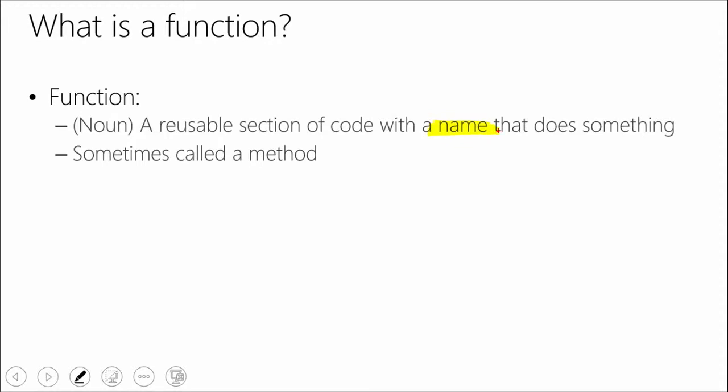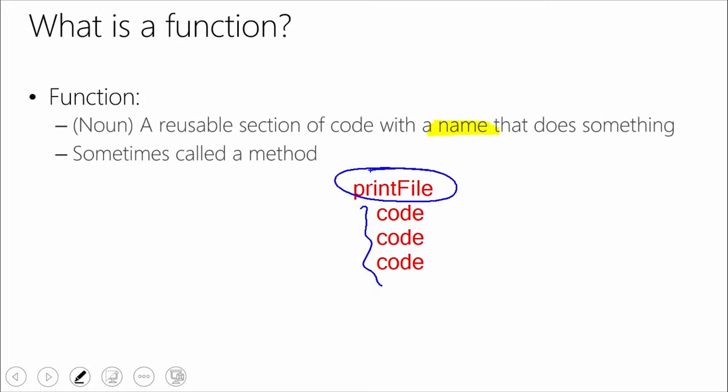So if I created a function and I called this function print file, like that, and then inside of here I had code, code, code, and that's all of the code to go in and print that file, I don't need to know necessarily what's going on inside of all of this, because if I look at this, that says print file.